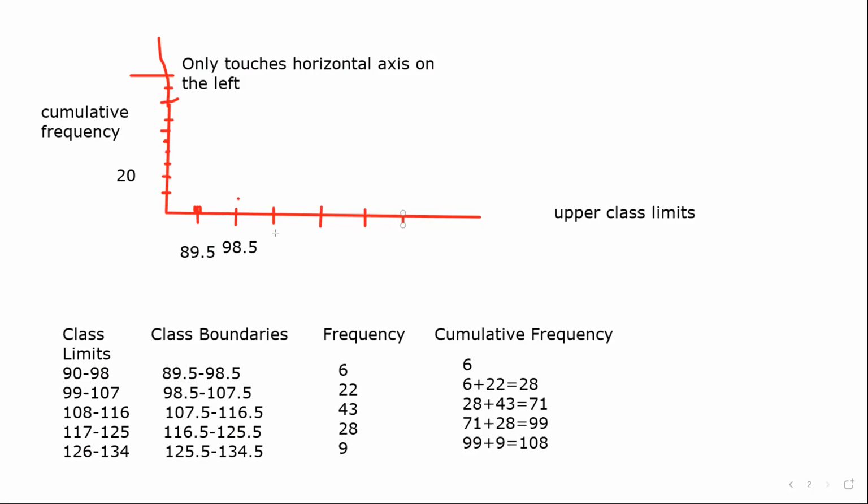Okay, so now I have 107.5 and 28. So if this is where 30 is, 107.5 and 28, I'm going to drop slightly below that, right there.